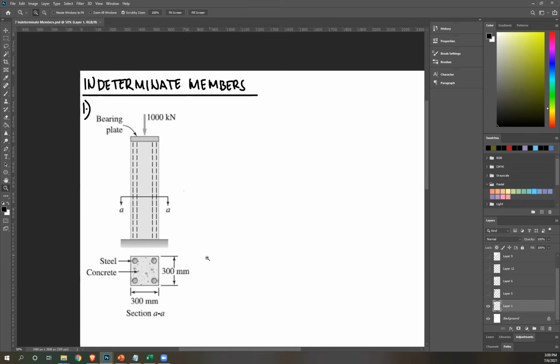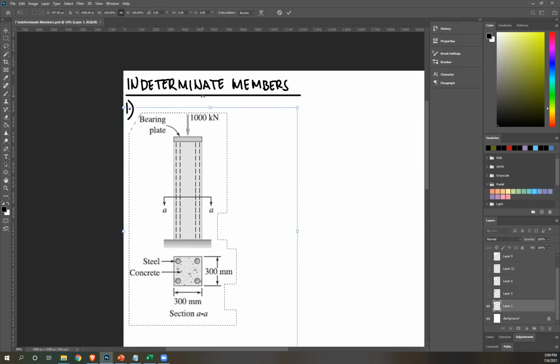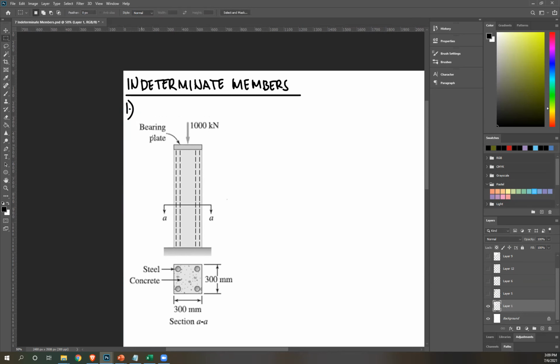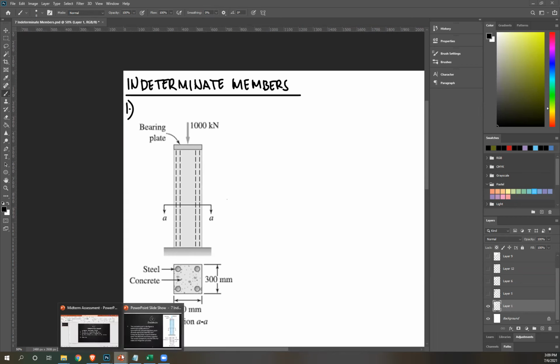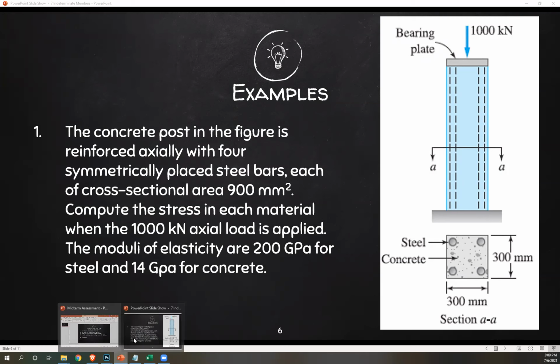So we have number 1. Let's write first our given. First, area of your steel bars, 900 millimeters squared.